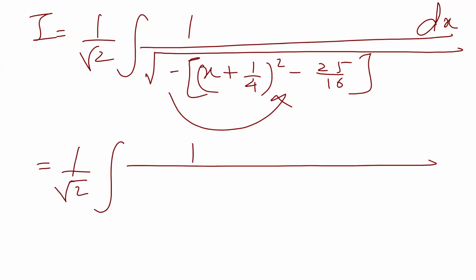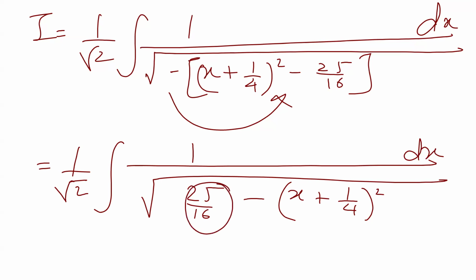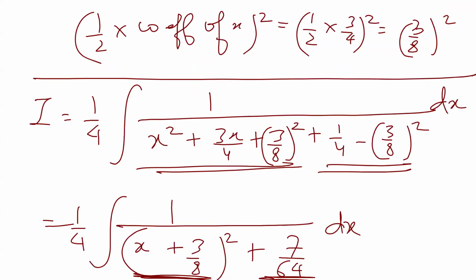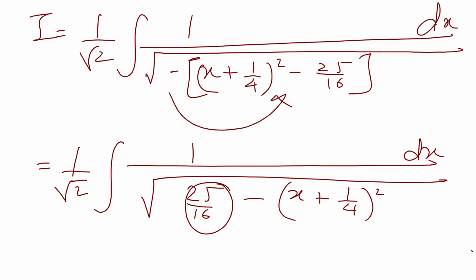Just reverse the terms: 25 by 16 minus x plus 1 by 4 the whole square. So if you solve this further, you'll have to make this perfect square. So I is equal to 1 by root 2, 5 by 4 the whole square minus x plus 1 by 4 the whole square.